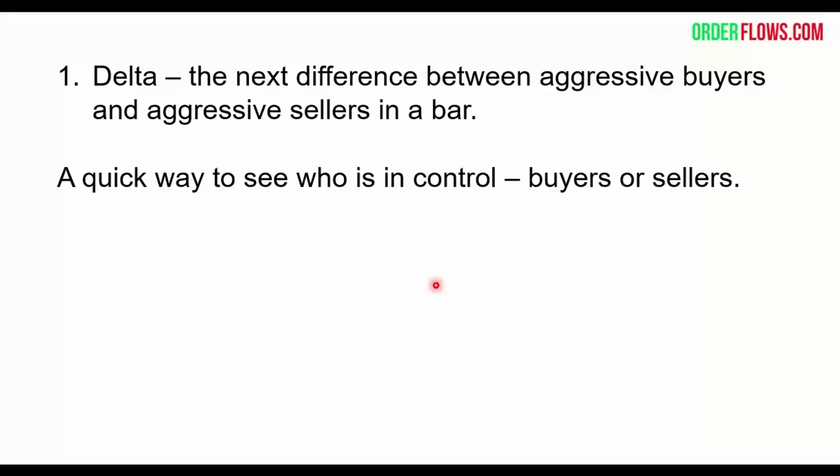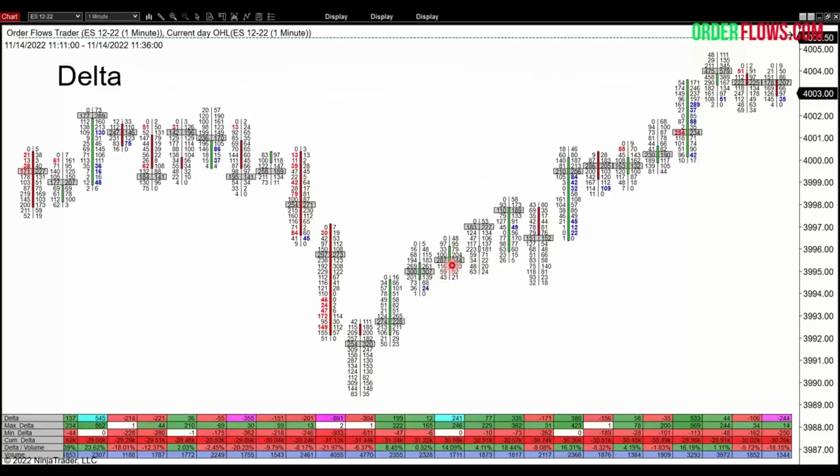But there's a speculative component. And you want to see, are traders taking a position because maybe they think the weather is going to change, or the inflation number is going to change, or the job number is going to change, etc. And delta's a quick way to see who's in control, the buyers or the sellers.